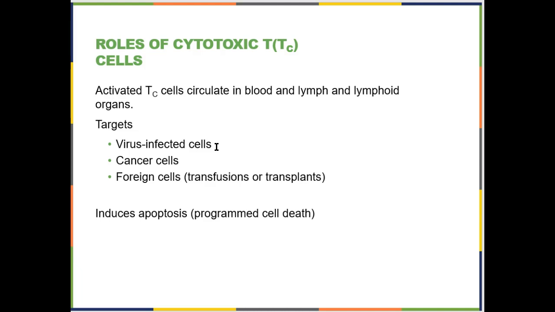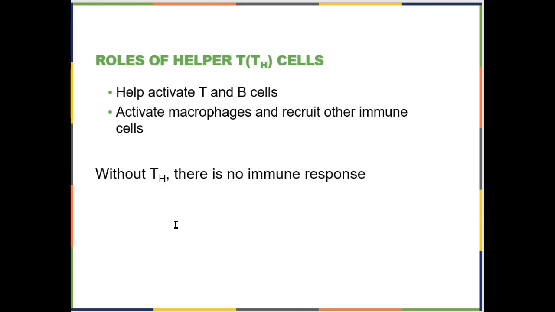And then they cause the cells that they target to undergo apoptosis, or programmed cell death, so that a virally infected cell will take itself apart before it starts releasing more viral particles, and all of its little parts will be cleaned up by macrophages, and that virus is going to be digested right along with the cell that it had infected and will no longer be dangerous.